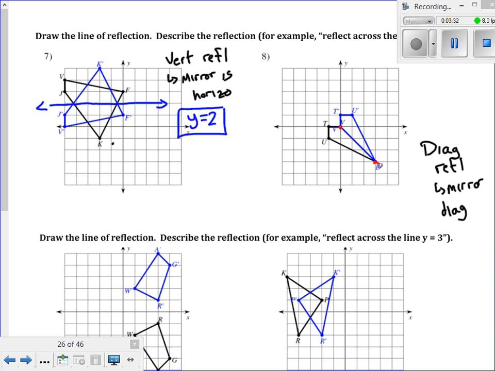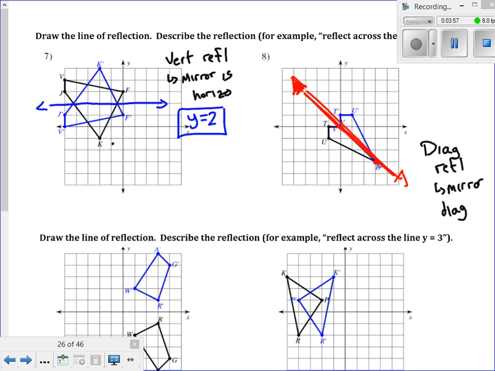If the original and the prime matched up, that green line went right through them. So here all of a sudden we can see V and V prime and D and D prime matching up together, which means between those 2 points, if you get yourself a straight edge, you can draw that line of reflection. A little bit off there, but there's my line of reflection.